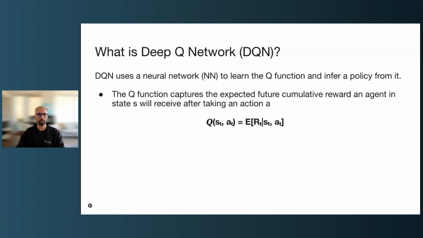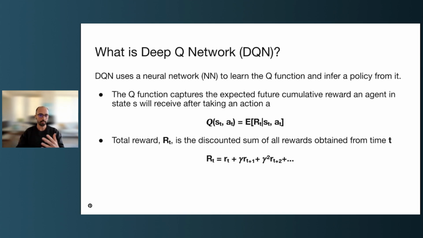When it comes to the algorithm used, we decided to use DQN, which is a value-based RL algorithm. The objective of this DQN is to learn an estimate of the cumulative reward of taking an action given a state. So the expected cumulative reward is what we try to learn by computing the total reward that we'd accumulate by taking an action.